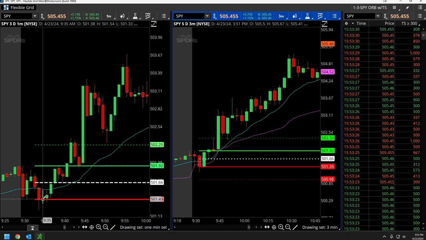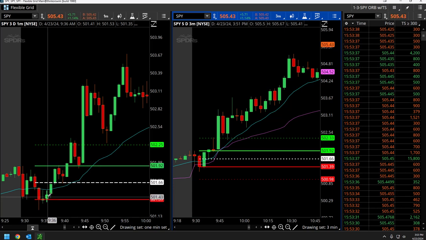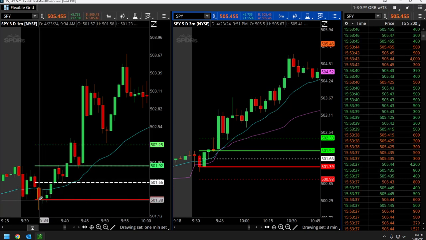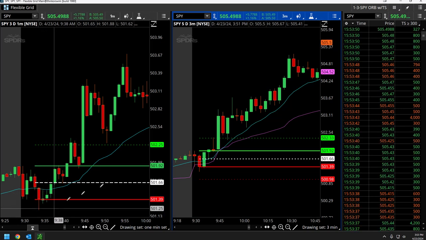This one right here was almost a doji, but it still closed higher than the line, barely, but it did. And on this next candle, it clearly closed above the line. So on the 1 minute chart, there was no trigger on these three candles to the downside for puts.